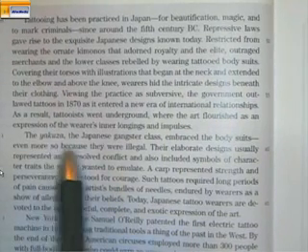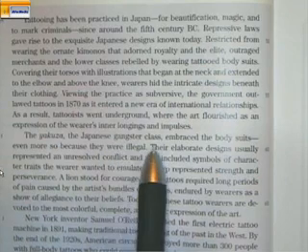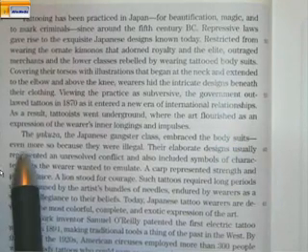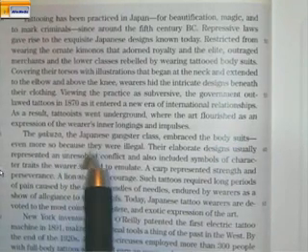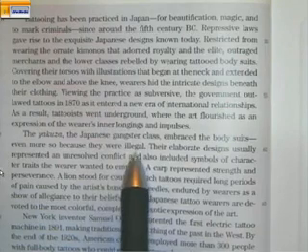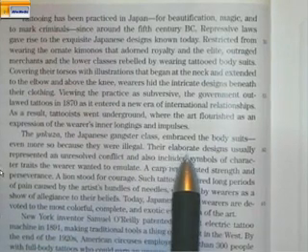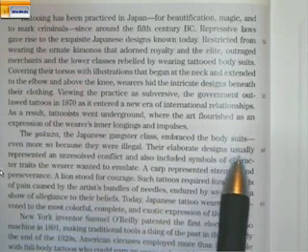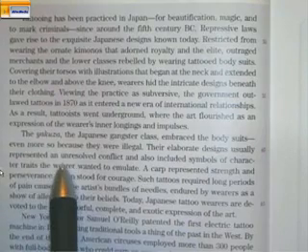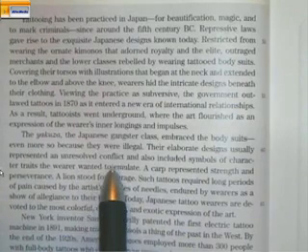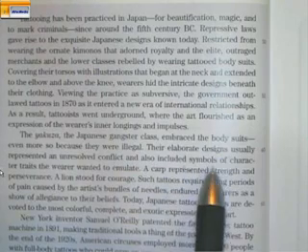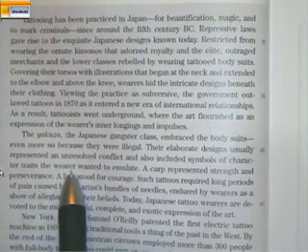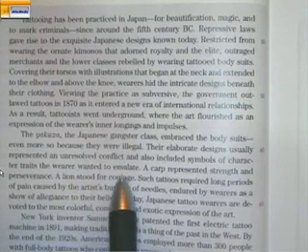The Yakuza, the Japanese gangster class, embraced the body suits, even more so because they were illegal. Their elaborate designs usually represented an unresolved conflict and also included symbols of character traits that the wearer wanted to emulate.